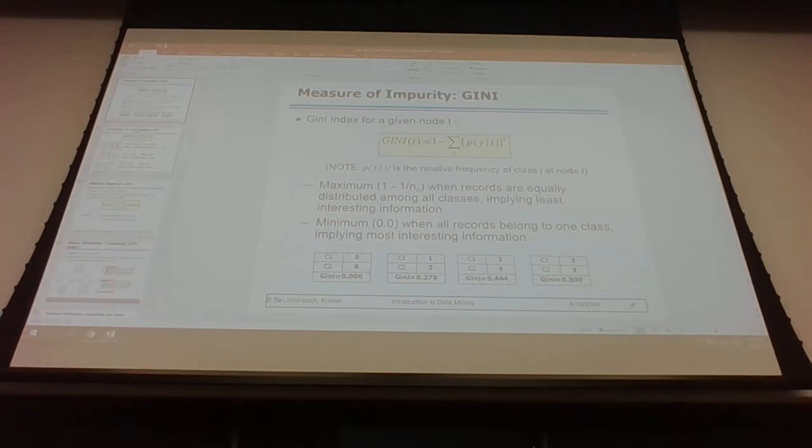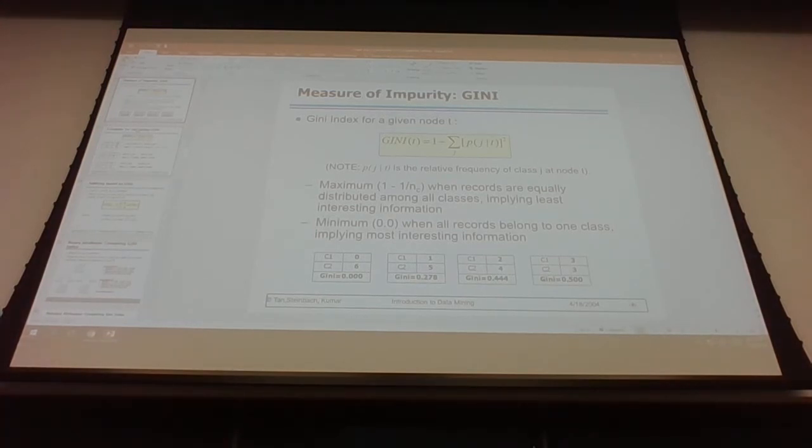So you can determine the Gini index of a node, entropy of a node, or misclassification error of a node, or you can also find the Gini index of a split, entropy measure of a split. So how do you do that? For a node, follow those equations: 1 minus the summation of p(j|t) squared, over all different classes j, sorry, not elements. So summing over all different classes, you get the Gini index. But then how do you find it for a split?